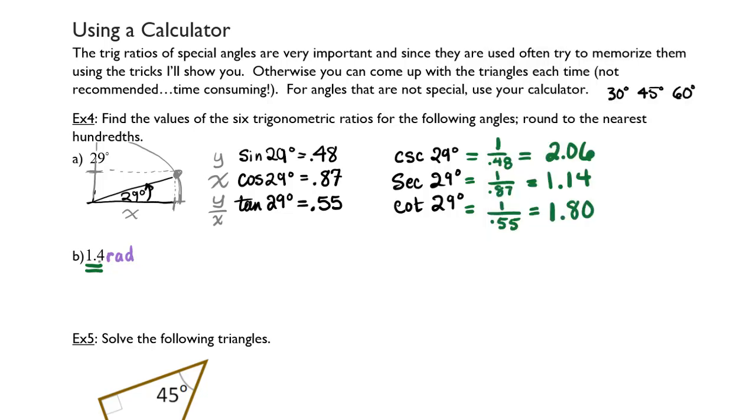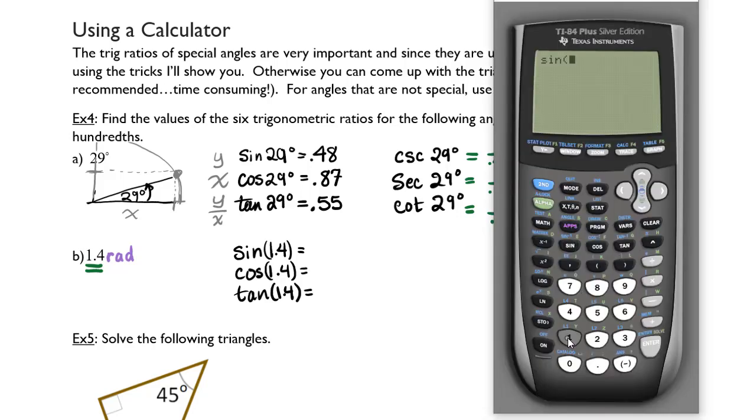So if we have 1.4 radians, it's the same exact process. Sine of 1.4, cosine of 1.4, and tangent of 1.4. And then we find the reciprocals. Sine of 1.4 gives me 0.99.